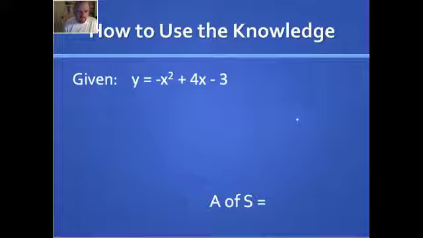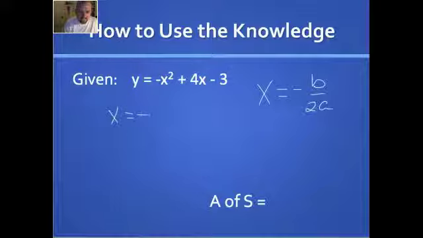Alright, so let's start off with, given y equals negative x squared plus 4x minus 3. We want to start by finding the axis of symmetry. And again, the axis of symmetry is going to be x equals negative b over 2a. So to find that, we have x equal to negative b, which is 4, over 2 times negative 1, because the coefficient of x squared is negative 1.